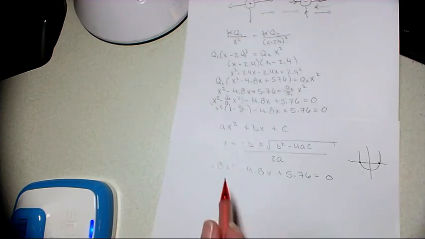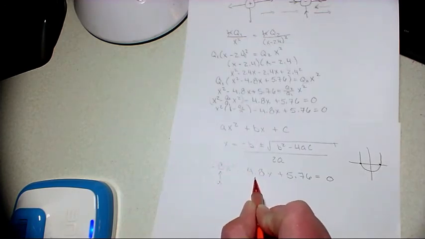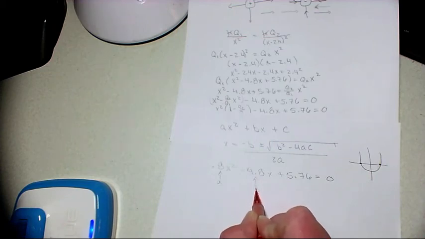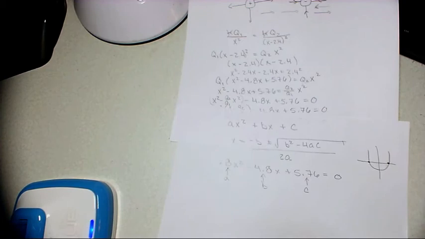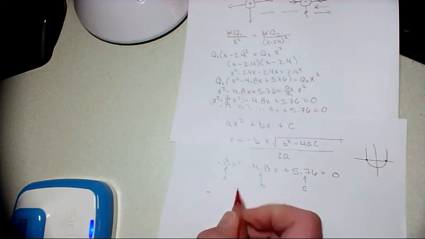So this is our A component, and this is our B, and this is our C, our constant. So all we have to do is take these pieces, the coefficients, and put them into this equation. Now the negative signs do matter. So we'll get negative B, which makes that a positive 4.8.